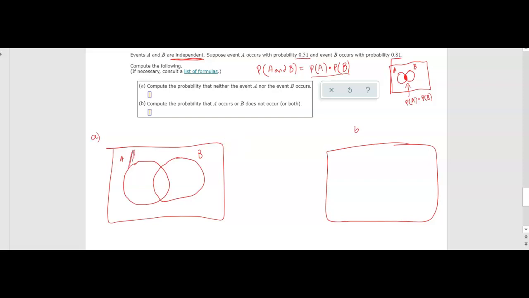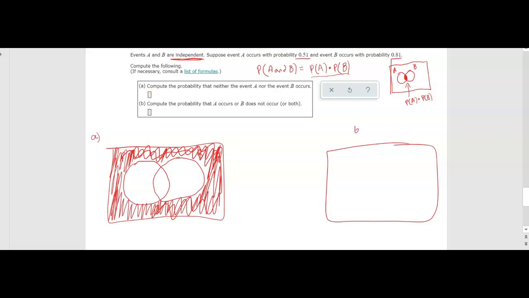The only space where A and B are both not occurring is outside of our circles. This is an example of where we're going to have to use the complement, because the only thing we know is the probability of each of these circles, and then we can figure out the probability of this space in between.